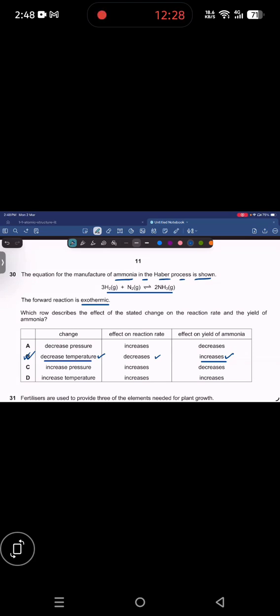The reaction rate depends on the temperature. Increasing the temperature is directly proportional to the rate of reaction. So if we increase the temperature, the rate of reaction will increase. So here we are decreasing the temperature, and for that reason the reaction rate decreases. Got it? Any question here?